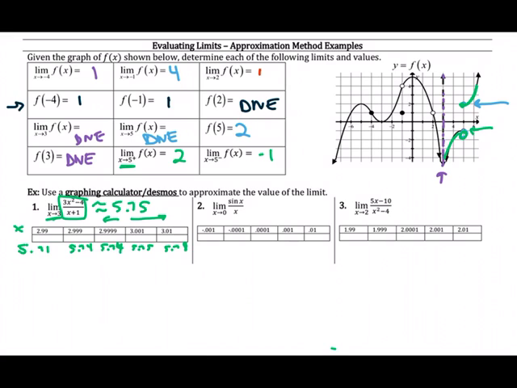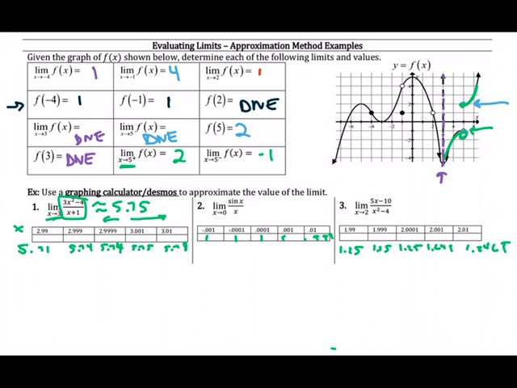Using the same logic, I encourage you to pause the video and work through 2 and 3 and see if you can come up with what number we're getting close to by filling in this table. Then unpause the video and see how you did. So on number 2, all of the numbers that I plugged in to the left gave me exactly 1.